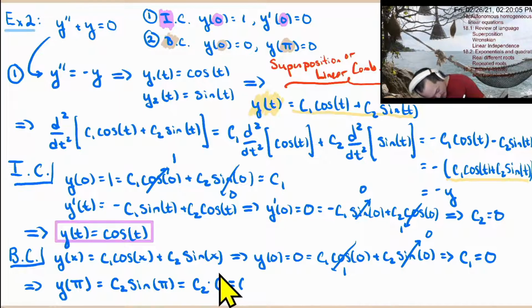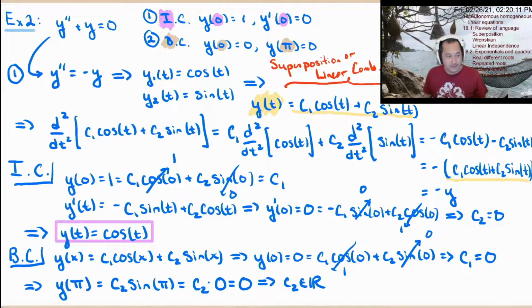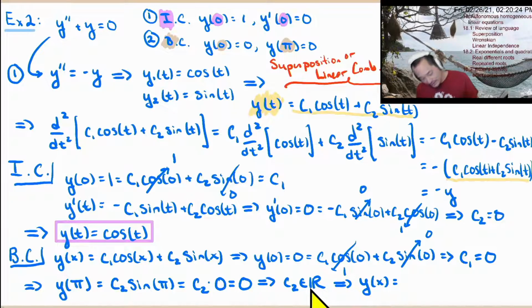And then that's equal to 0. So what that tells me is that C2 could really be anything. So I found out that C1 is 0, C2 is any real number, and the solution to the boundary value problem, which is very different, I'm going to write in terms of the spatial variable x, is just going to be C2 times the sine of x.